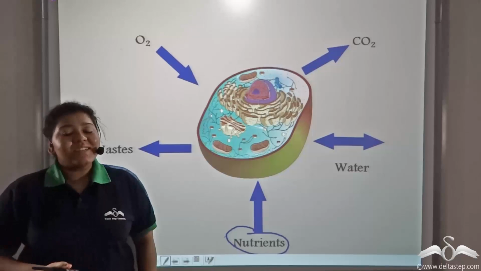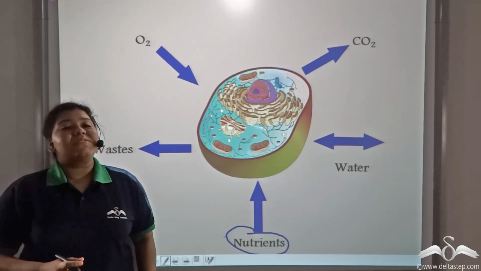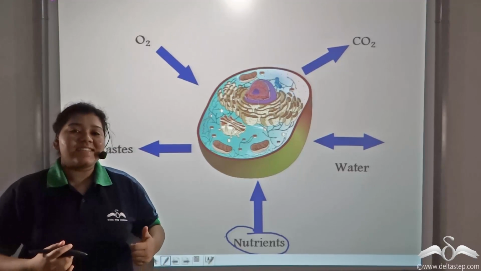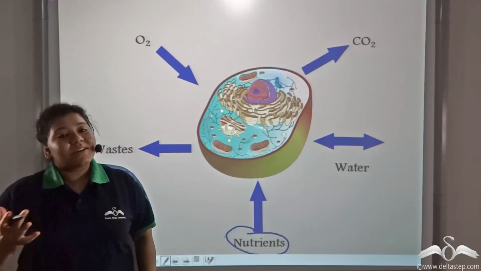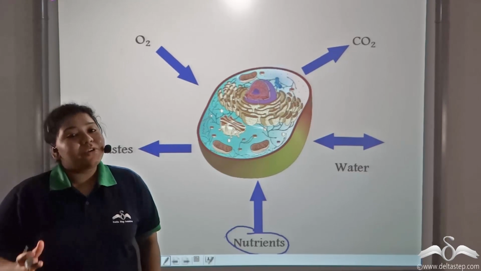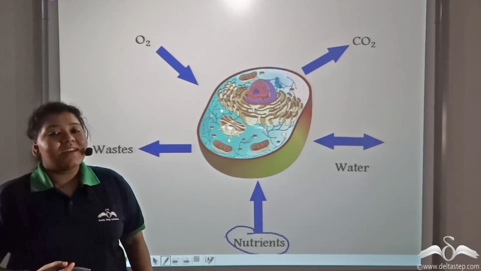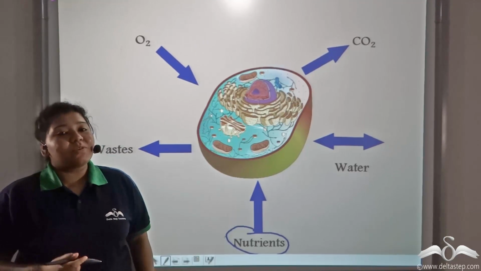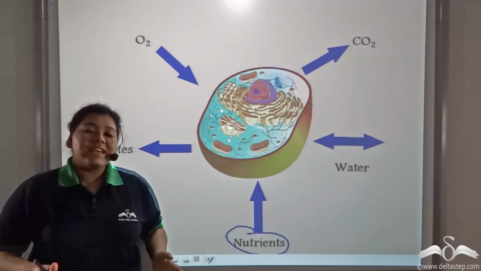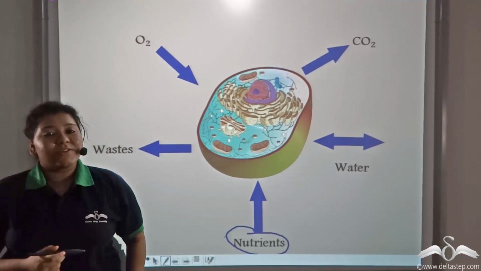Diffusion and osmosis take place naturally because of differences in concentration inside and outside the cell. That is why no energy in the form of ATP is required, unlike active transport, which requires energy because molecules travel from a lower concentration to a higher concentration.